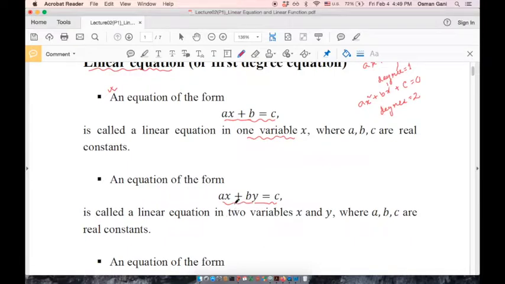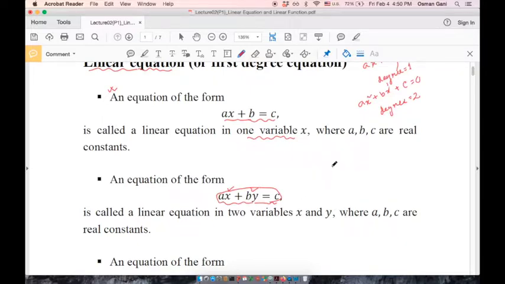However, the number of variables here is 2. So this equation is a linear equation in two variables x and y, and a, b, c are real constants.